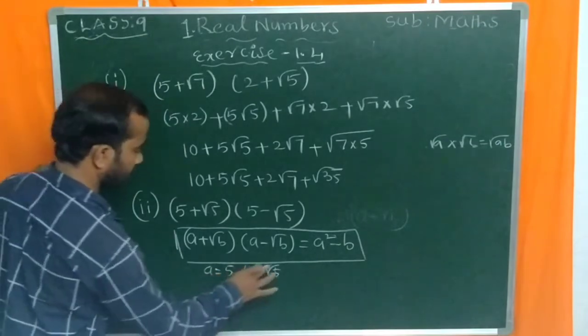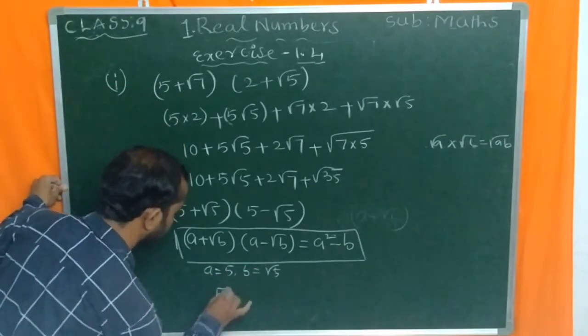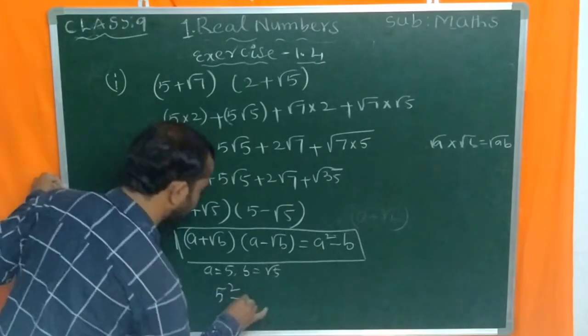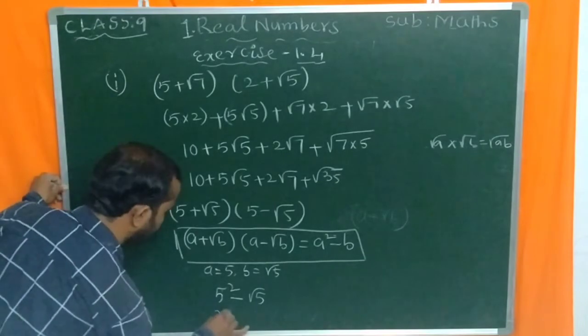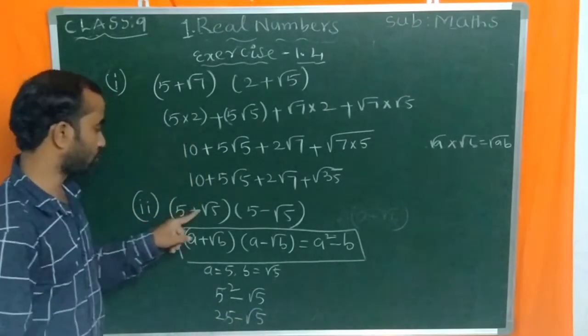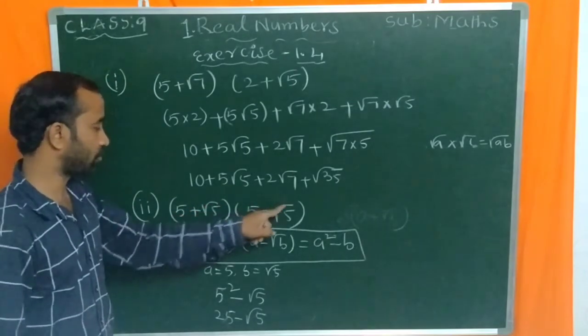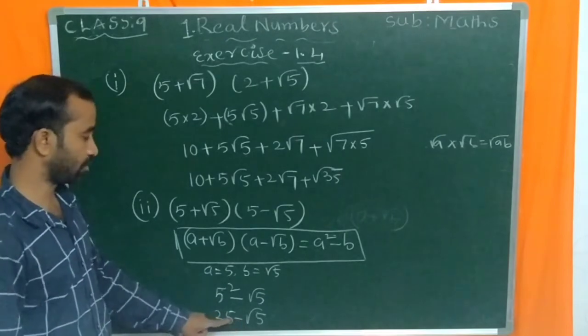So a square means 5 square, minus b, which is root 5. 5 square is 25, minus root 5. So 5 plus root 5 into 5 minus root 5 equals 25 minus root 5.